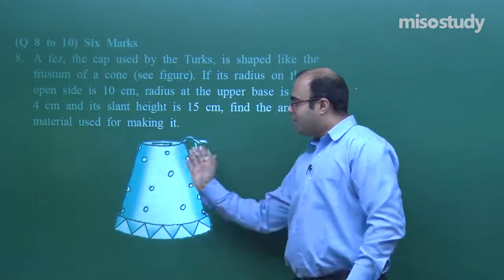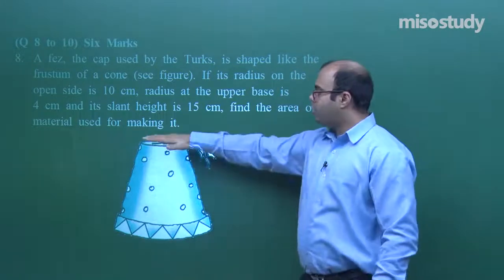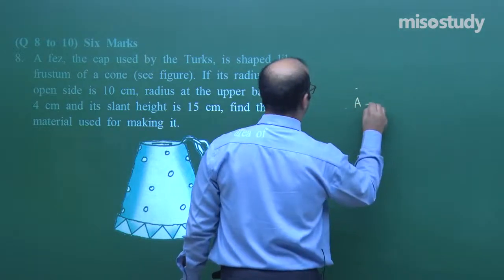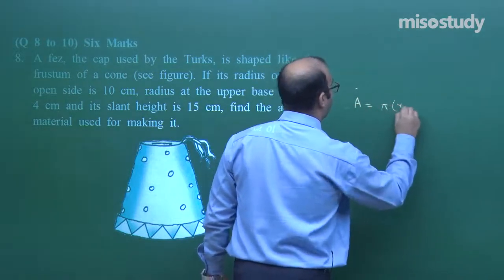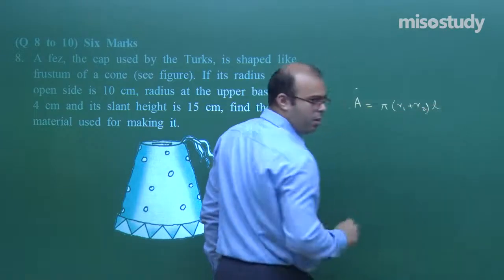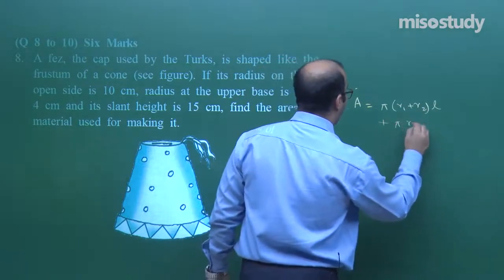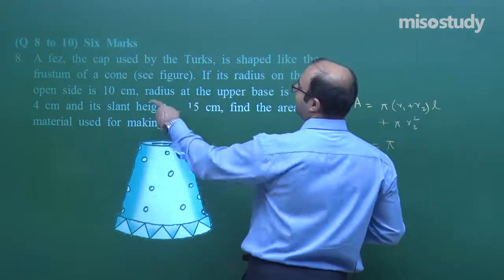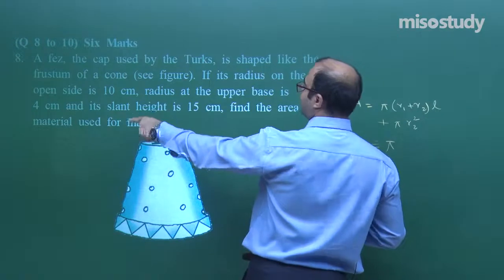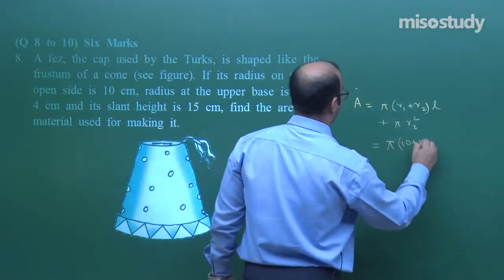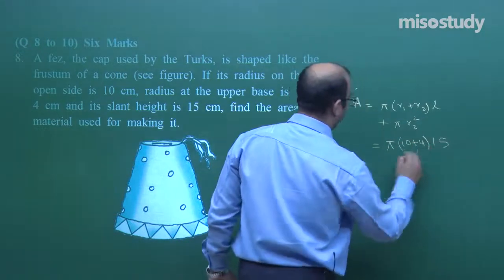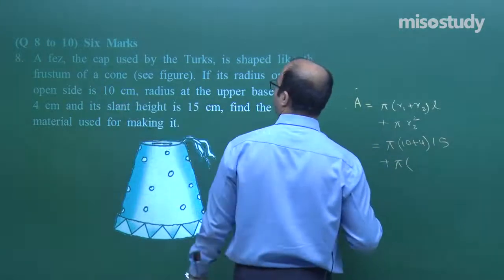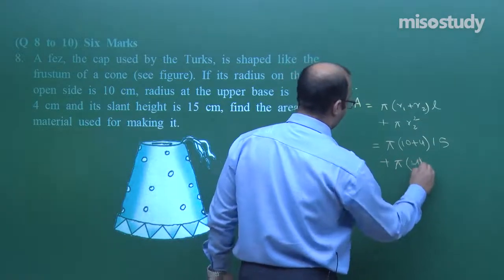So the area is basically the curved surface area and the area of the top. Bottom is already open. So the area we are making is the curved surface area, which is pi r1 plus r2 into L as we remember, plus pi r2 square, the top area. So r1 and r2 are given as 10 centimeter and 4 centimeter. So 10 plus 4, and its slant height is 15, plus pi r2 square, that is the smaller radius 4 centimeter, so 4 square.